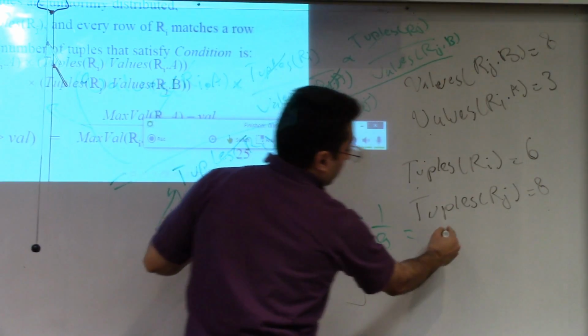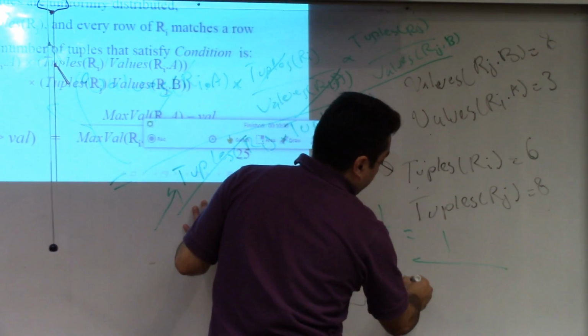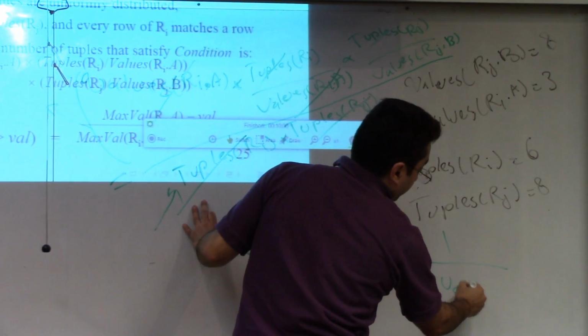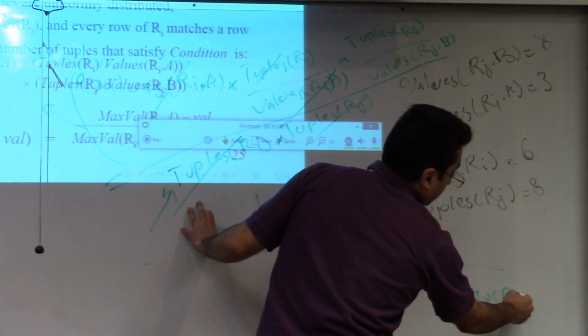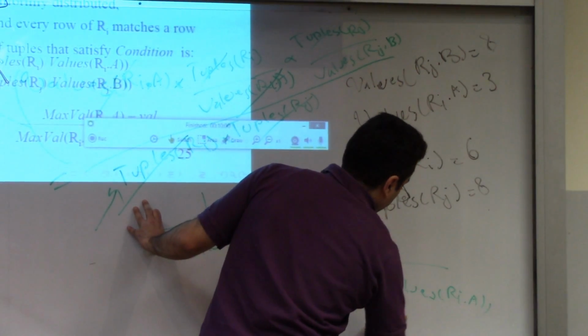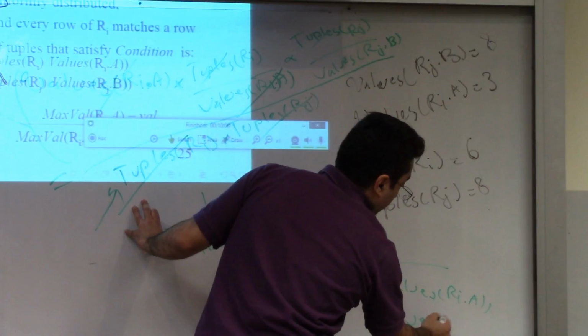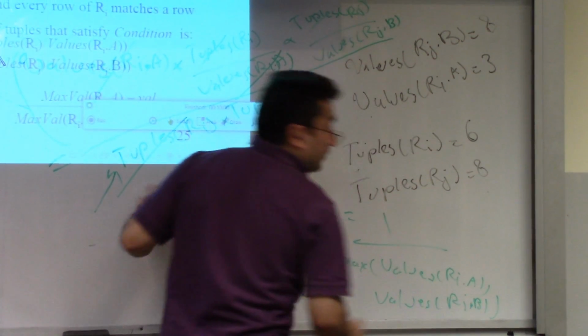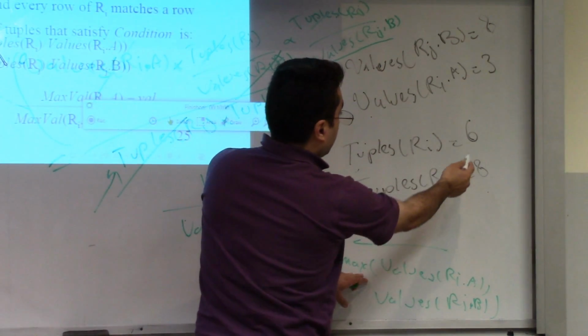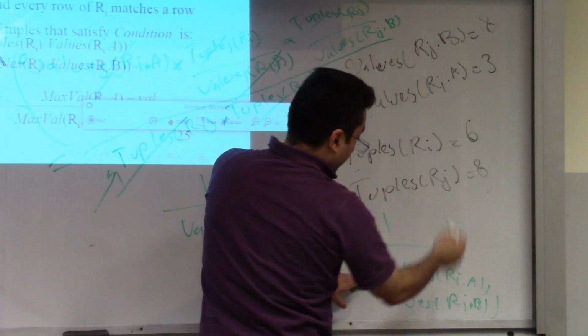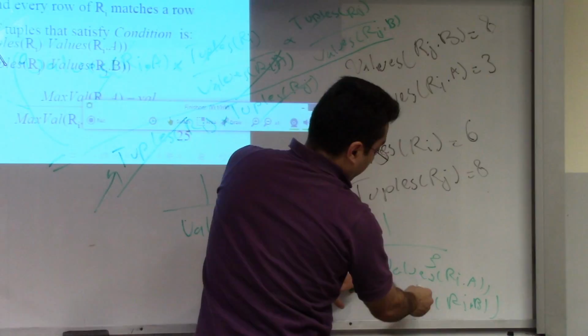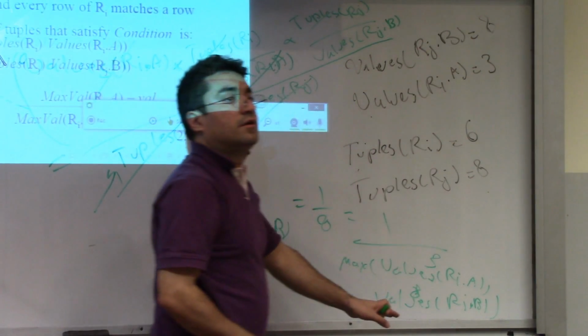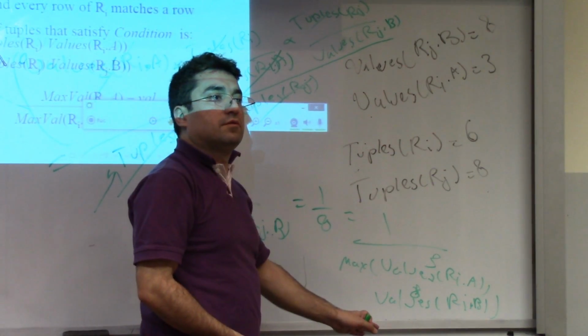What is 8? Maximum of values of RIA and values of RJB, right? This is the maximum, right? One was 3, this one was 3, this one was 8. Right? Which one is the maximum? 8.